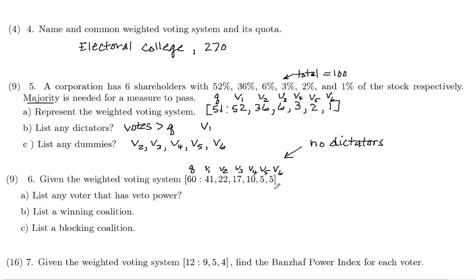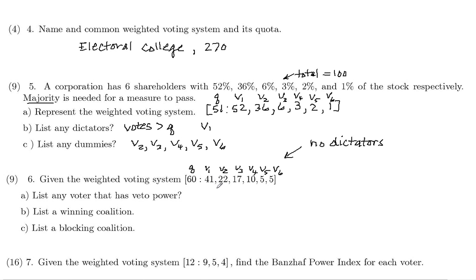Now for dummies, let's look around for dummies here. Yeah, I don't know, this 5 looks pretty stupid. What do you think? Is the 5 needed anywhere? Either of these 5s, are they needed in any type of coalition to get a measure to pass?